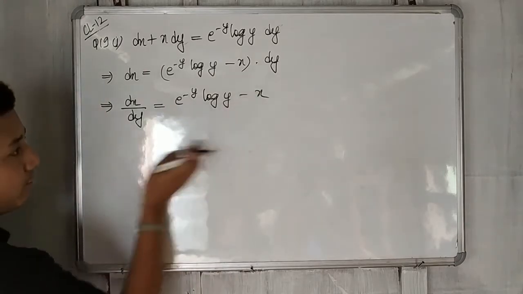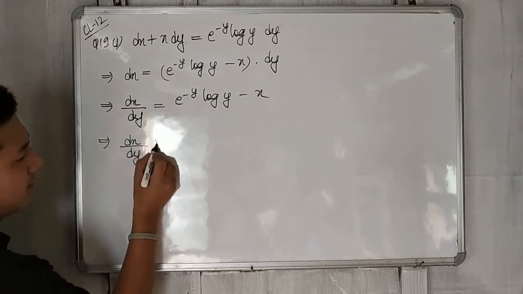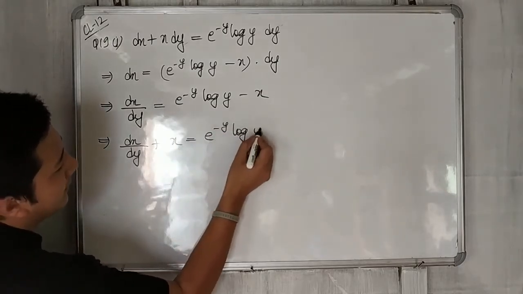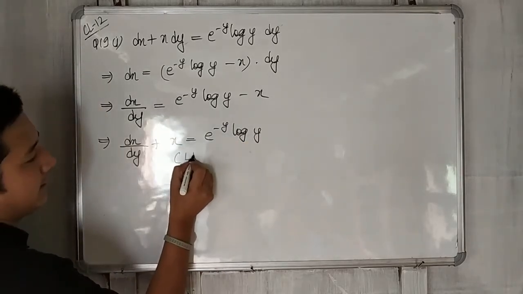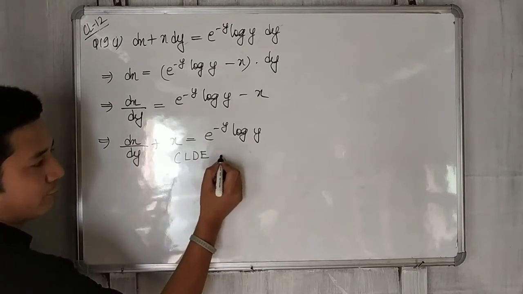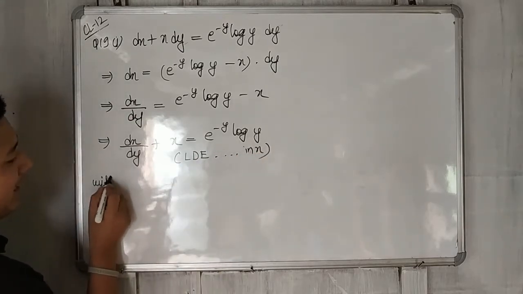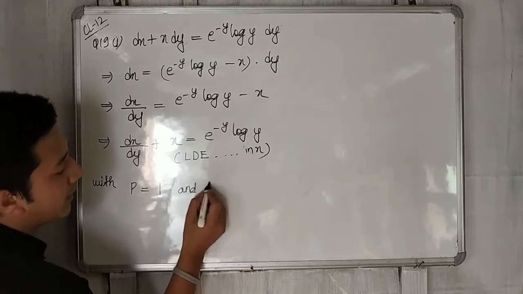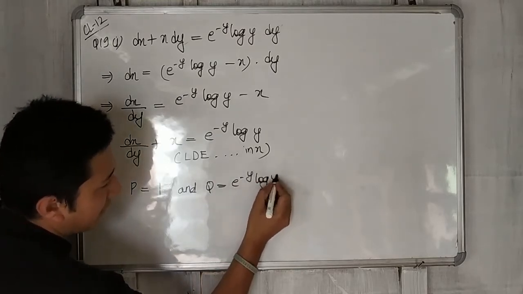Let's bring this x this side. So dx by dy plus x is equals to e to the power minus y into log y. If you identify this, then this is again linear differential equation of first order in x. What is the value for P? 1, and Q as e to the power minus y into log y.